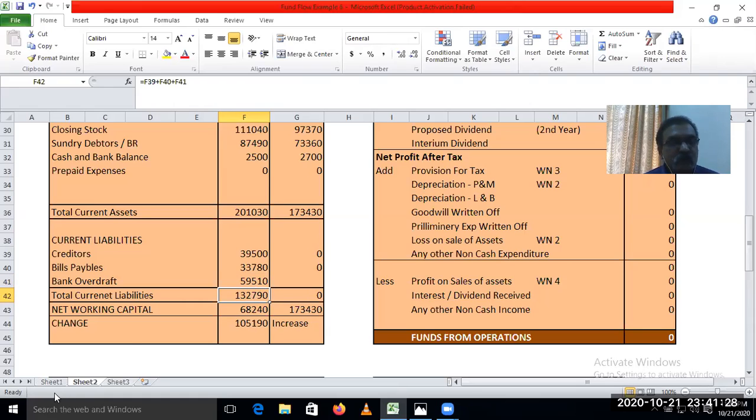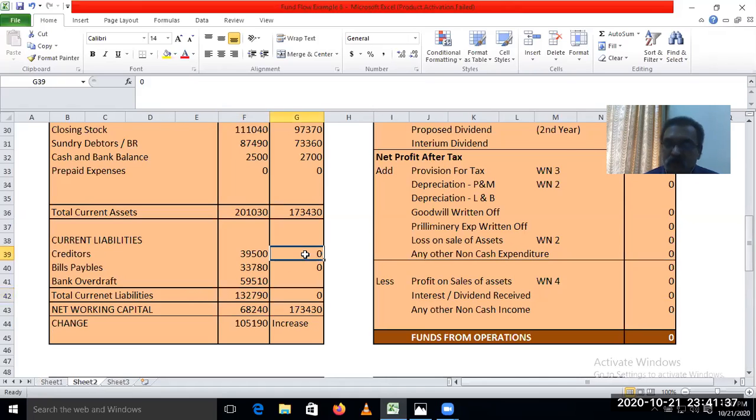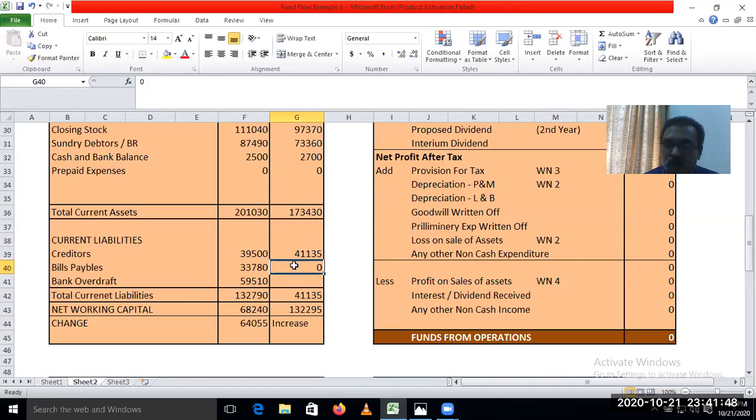Okay. Now go to the second year. Check out creditors of the second year, 41,135. Bills payables are 11,525. Next is bank overdraft.